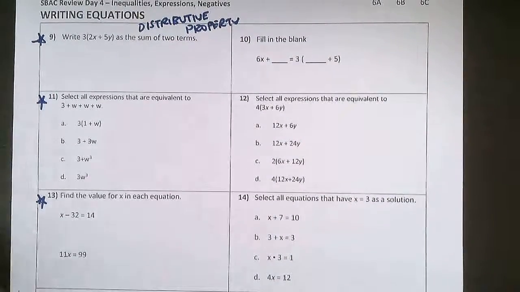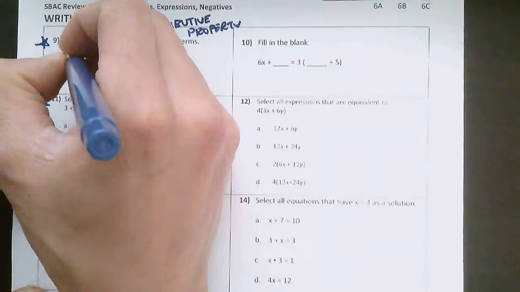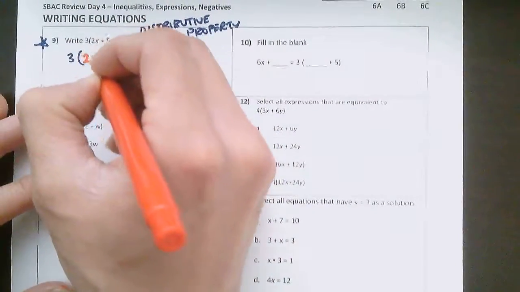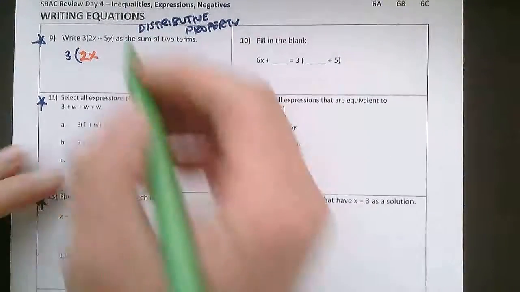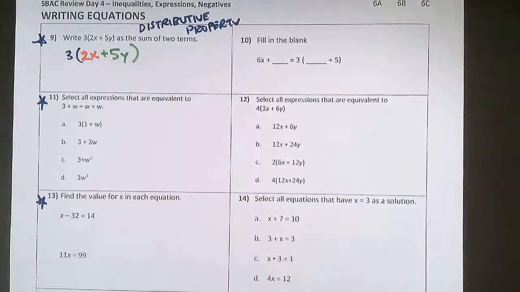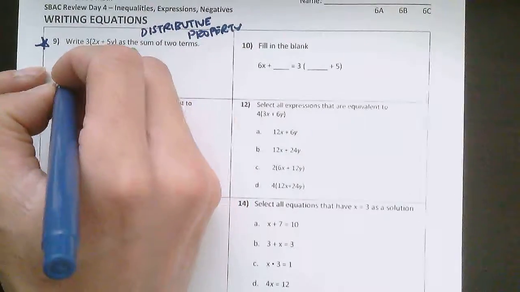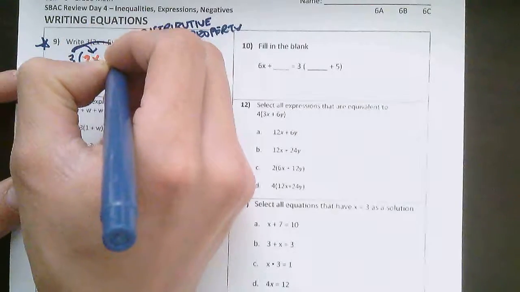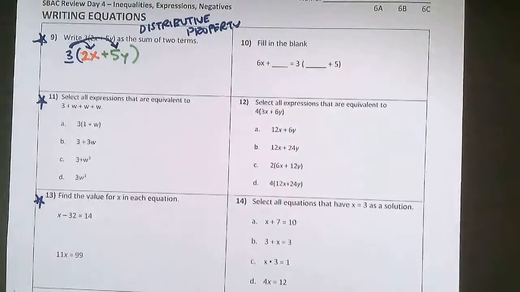What this means is if I have 3 times 2x plus 5y, I take this 3 and it gets multiplied with this 2x, and then it gets multiplied with this 5y.